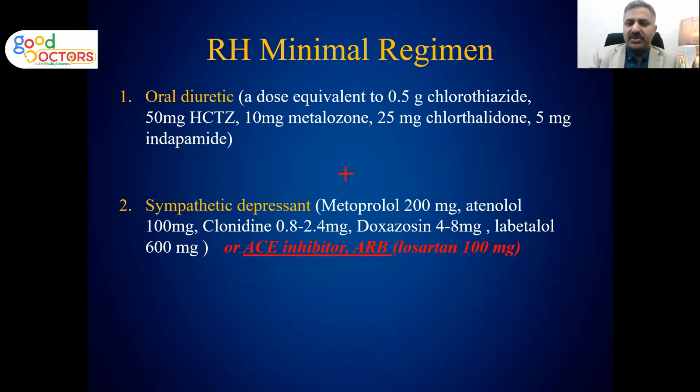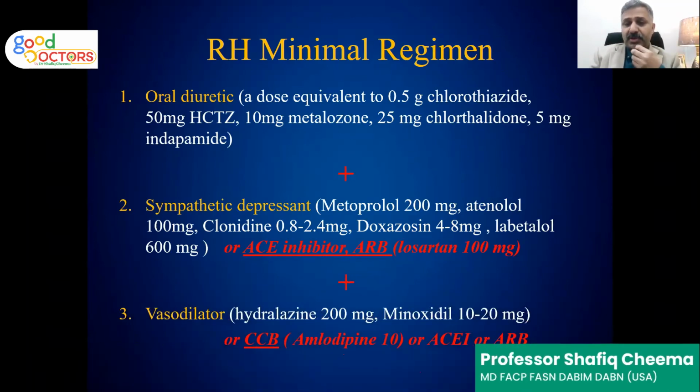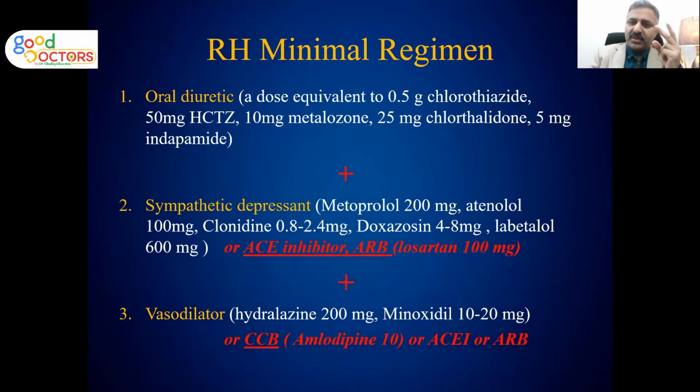Similarly, if you're using losartan, use 100 milligrams unless there is hyperkalemia, rise in creatinine, or some other side effects. Similarly, if you're using amlodipine, 2.5 or 5 milligrams will not do anything. Hydralazine only comes in 25 milligrams, so you have to use 2 tablets maybe every 6 hours.